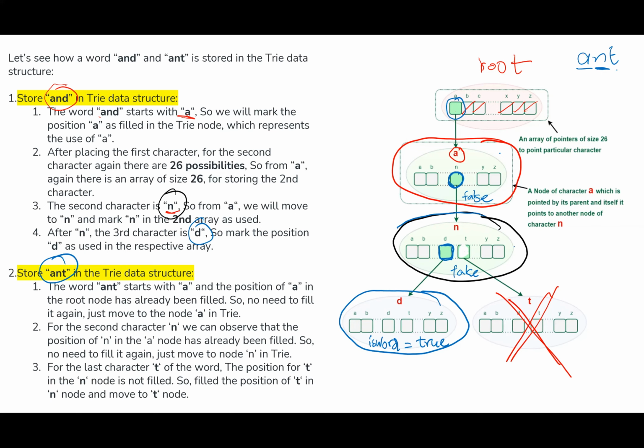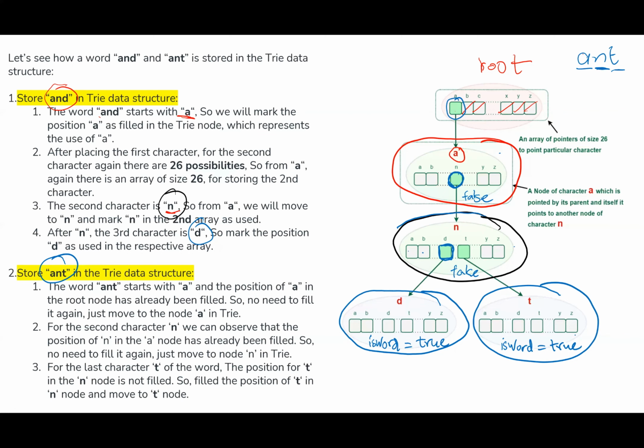Next, we look for T. We check for T and see that there is no child created for T yet. This is null. So we create a node for T and assign it as a child. And this is the end of the word, so we set the is word flag to true.